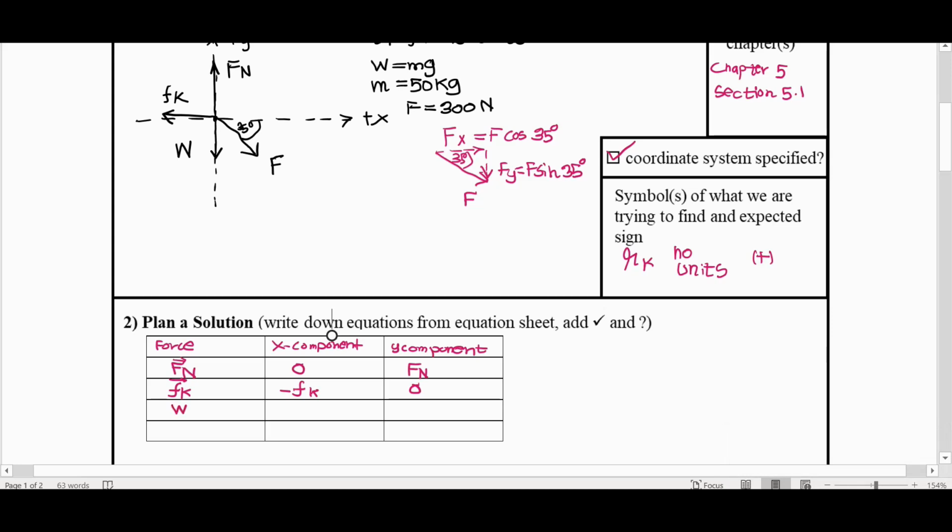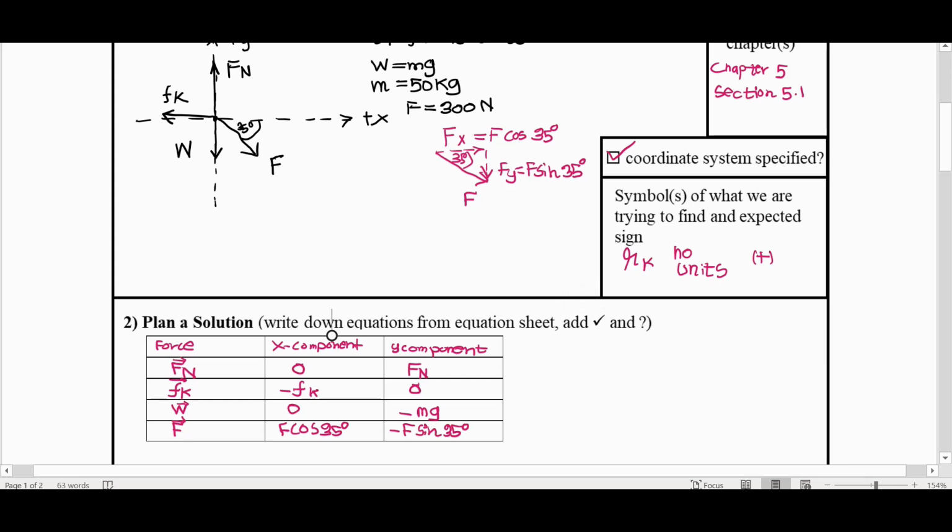Weight is acting in the y direction. There's no x component and it's acting directly downwards based on our coordinate system. It is negative mg. And then the applied force F, we have to find the x and y components of the applied force. The x component is F cosine 35. You can see it from the vector triangle. And then the y component is F sine 35. It's acting downwards, so it's negative F sine 35.